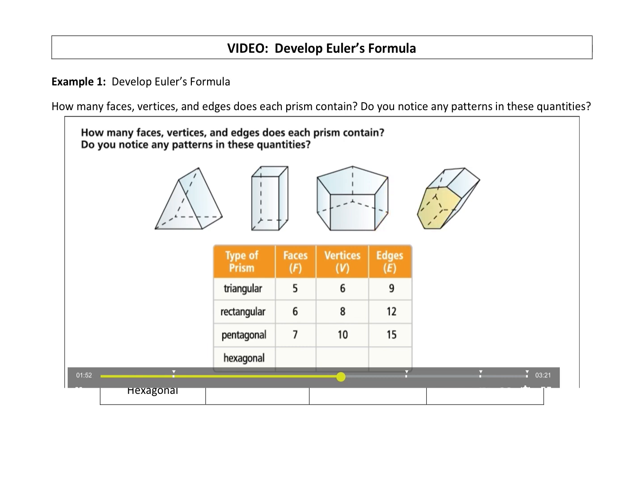Finally, a hexagonal prism has 8 faces, 12 vertices, and 18 edges.